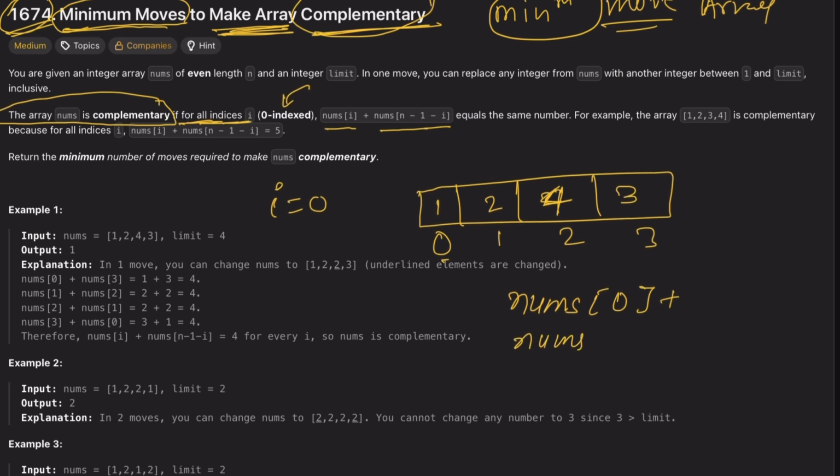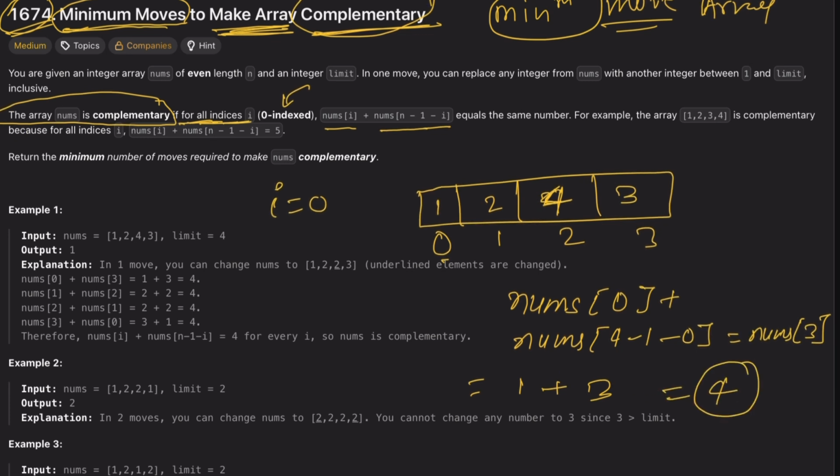Again we'll find nums at 4 minus 1 minus 0, which comes to nums at 3. What is nums at 3? This one. So if we do the sum, we find nums at 0 is 1 plus 3. How much will you get? You will get 4.